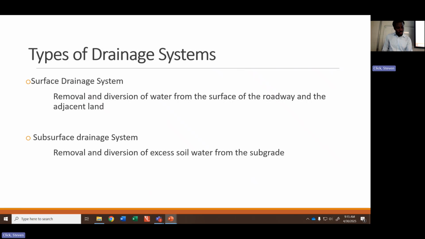And we have subsurface drainage that helps with diversion and removal of excess soil water from the subgrade. So basically, we are trying to prevent the water in the water table from rising to a height that is able to affect the structural quality of the roadway. There are various things that can be done beneath the surface of the roadway to prevent this from happening. But for this presentation, I'll be focusing mostly on surface drainage systems.